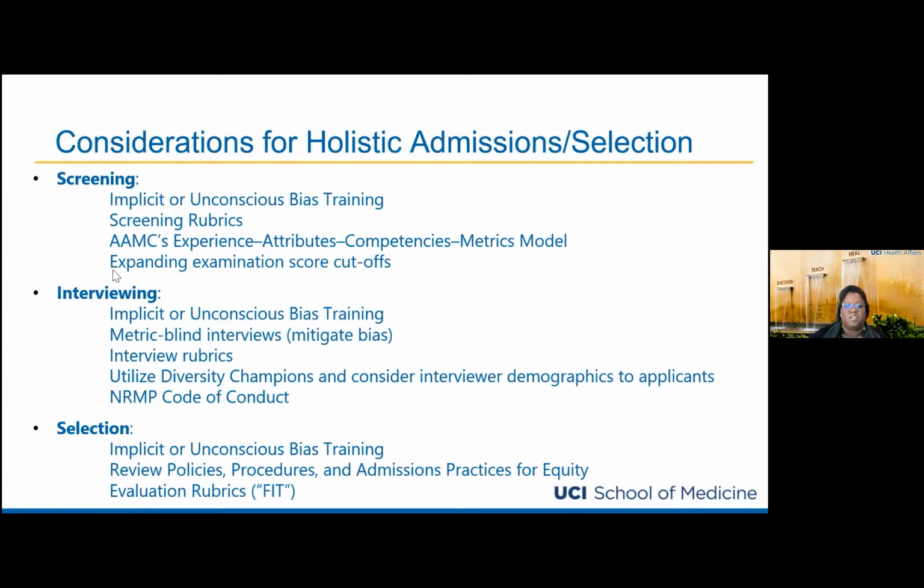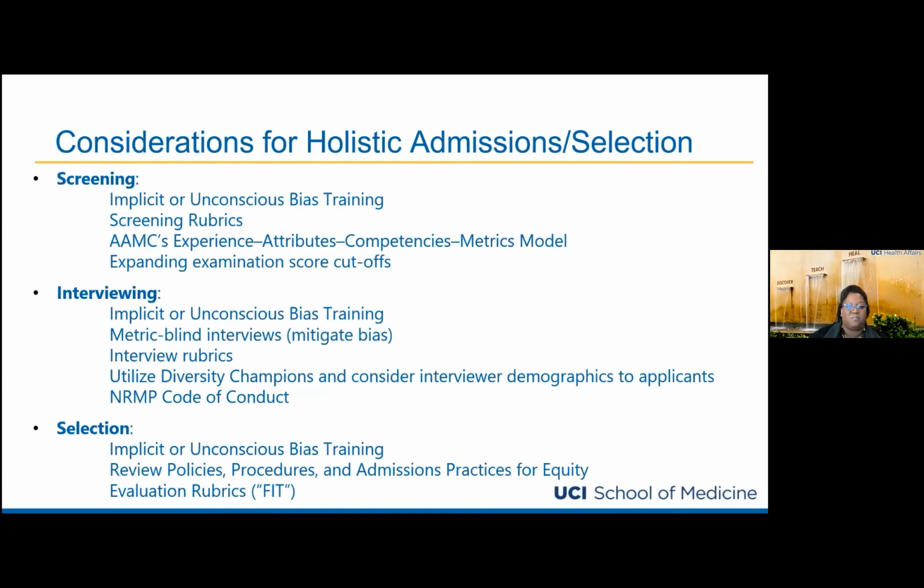And then once again, consider using diversity champions in our interviewing, as well as ensuring that our interviewers reflect the demographics of those who are being interviewed. Oftentimes that can make a huge difference in just applicants seeing themselves at various institutions if they see representation at the programs that they are considering.